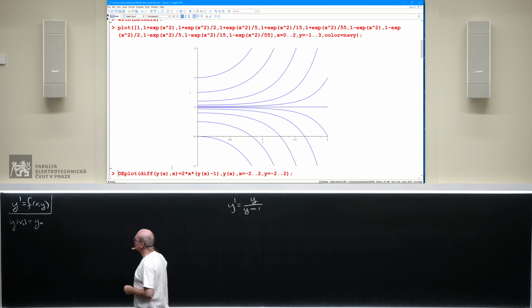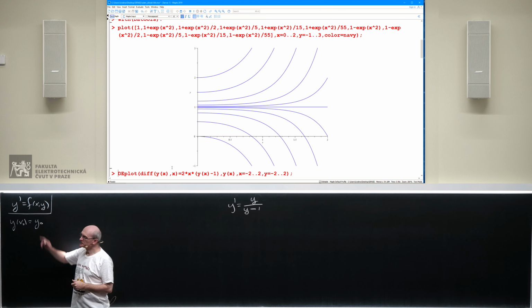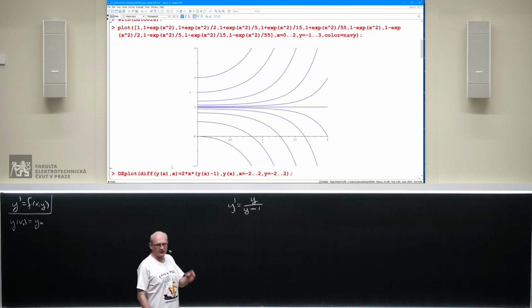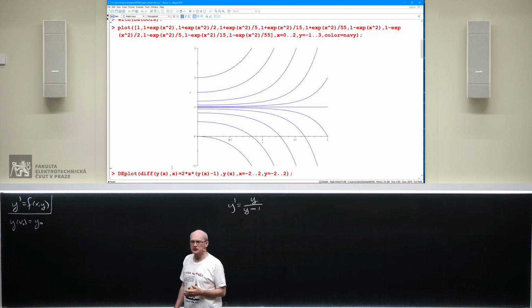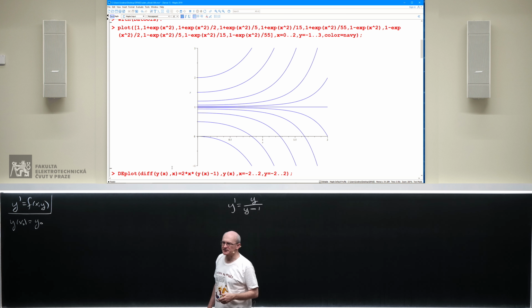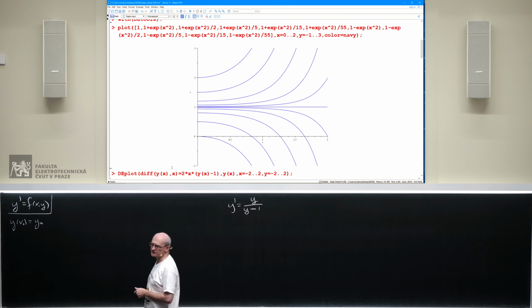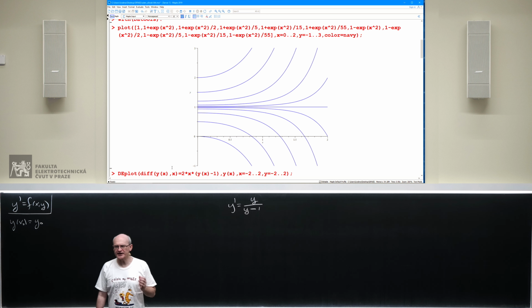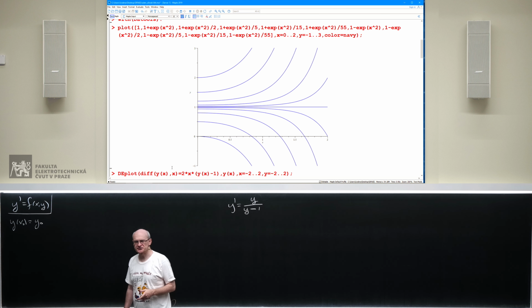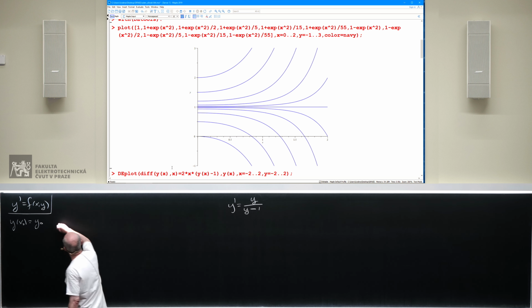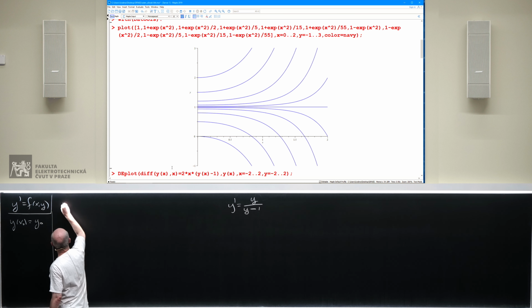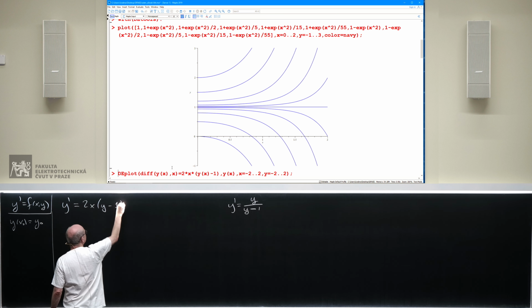The idea is that we look at the differential equation that we have, and we try to draw information from the equation itself. And we already actually did something like that, because when we see a differential equation, the first question is, okay, are there any limitations? So let's have a look at an example. y prime is equal to 2x times y minus 1.